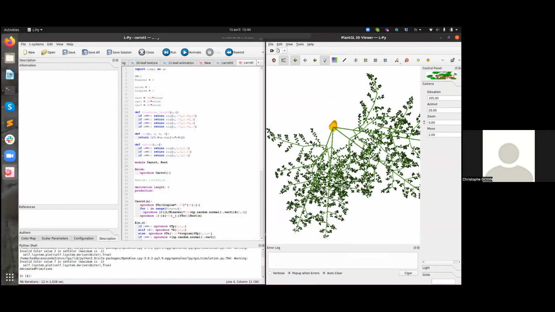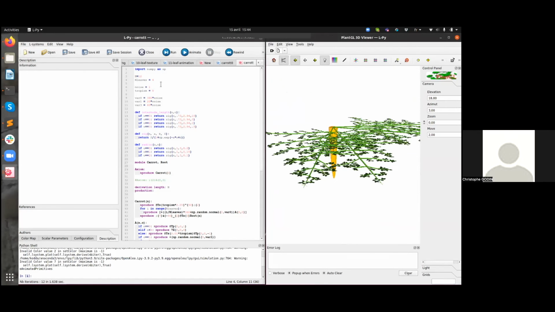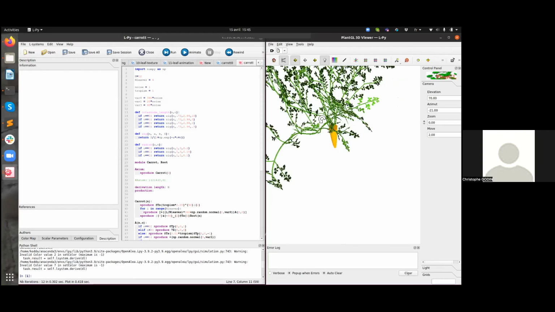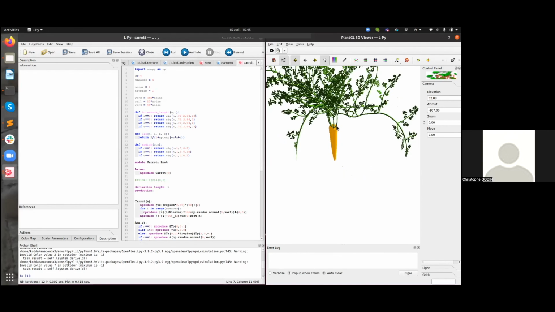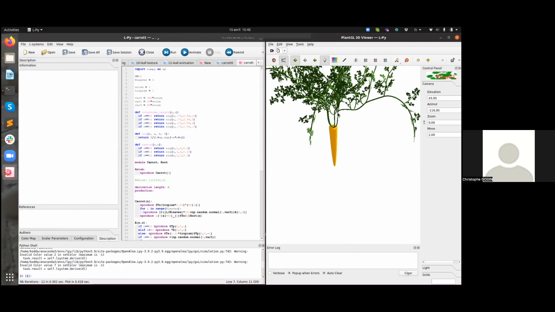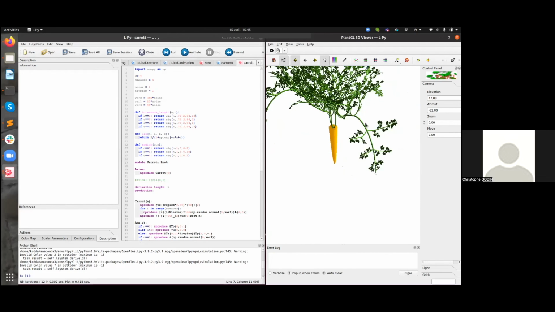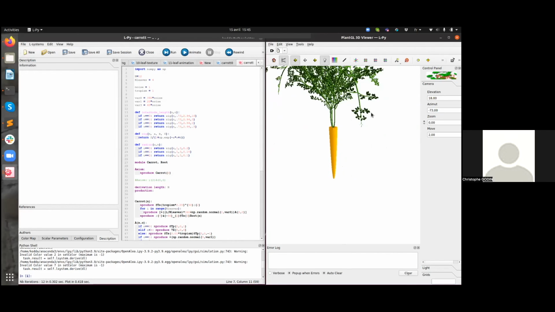We want 4 leaves, let's say. That's a plant with 4 leaves, but it's flat, so we want some tropism. Here we put some vertical tropism upward at the beginning of the leaf, and then random but along the direction of the axis of the stem for a while, and at the end we want tropism downwards to fake gravity.